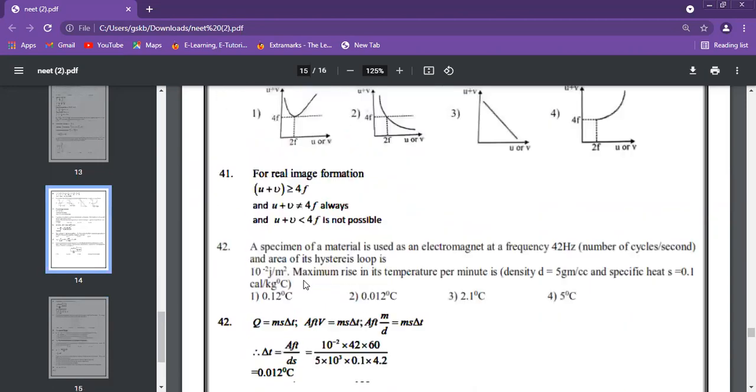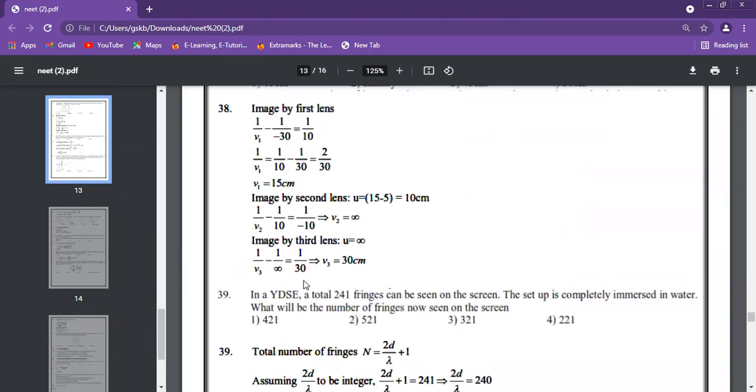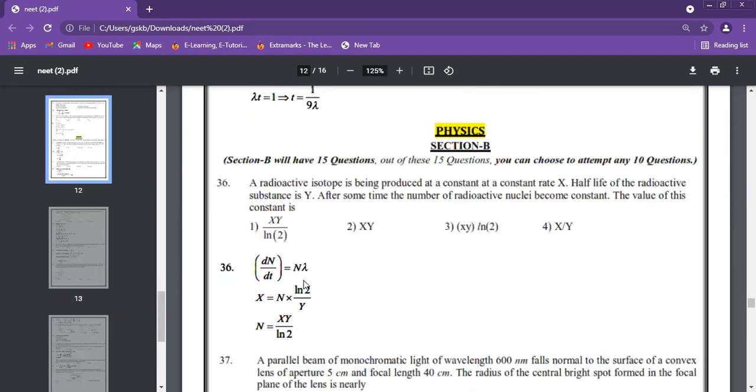In this, from 36 there are almost 15 questions. Out of 15, you can choose any 10, any 10 only. You are not supposed to write 11 or 12, 10 only. If you answer 11 questions, even if answered perfectly, they will consider only 10 questions. If you write 15 out of 15, they will not allot any extra marks. In this particular section, you should write only any 10.